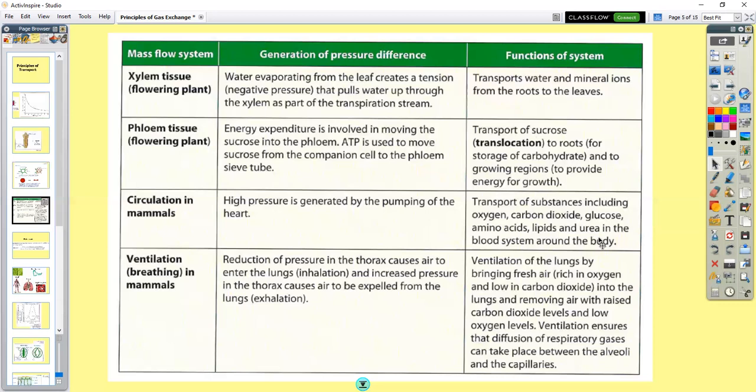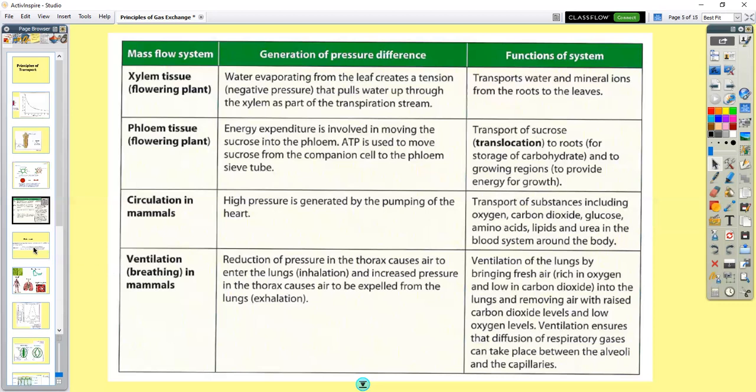And also in terms of ventilation, in terms of breathing, air moves into the lungs in inhalation, and then air moves out of the lungs in exhalation, and the muscles and pressure changes involved in that we'll take a look at later on.